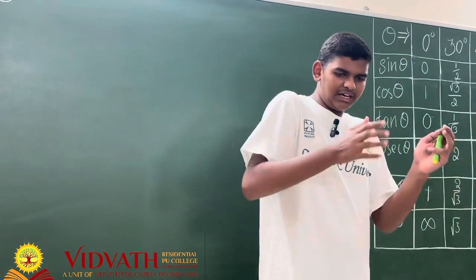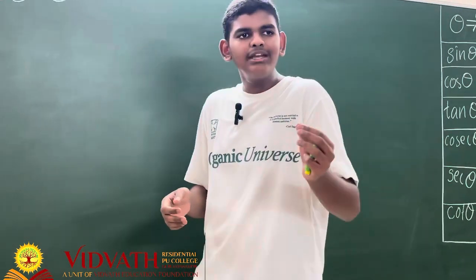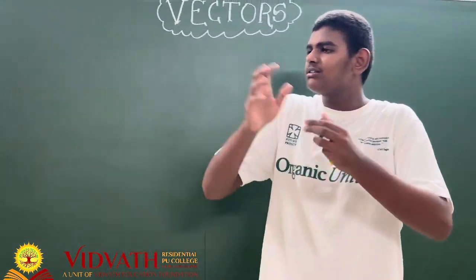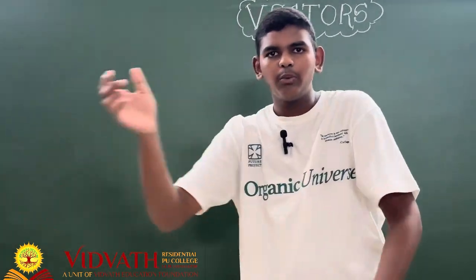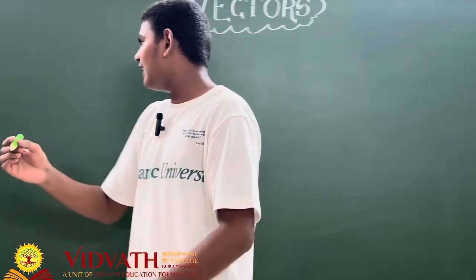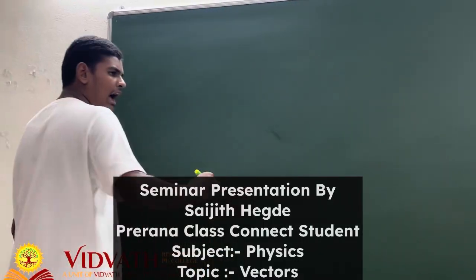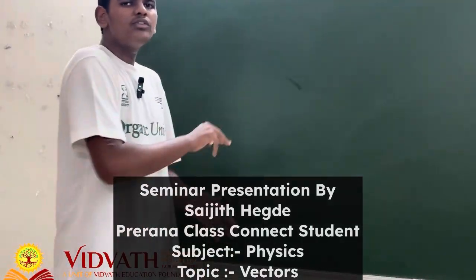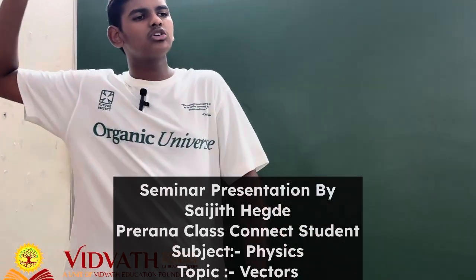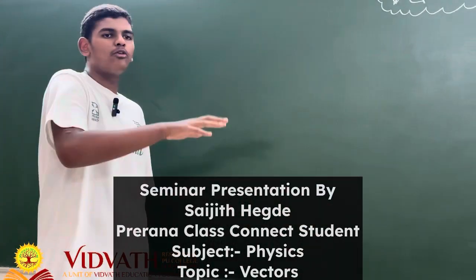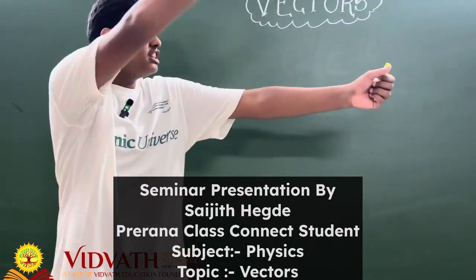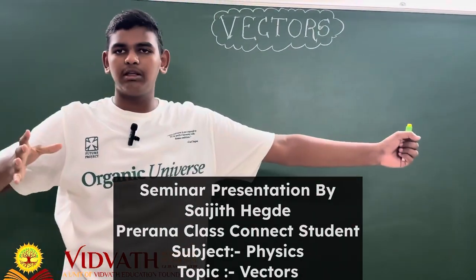Now that we know what vector quantity and scalar quantity are, we need something to represent these. We can generally say that my hand moving here is a vector quantity going there. We need a proper symbol for that. What I believe is all of the science is related to old stories told by our grandparents and sages. Let's go to the time of Mahabharata, when Arjun took his last arrow and shot the head of his enemy.